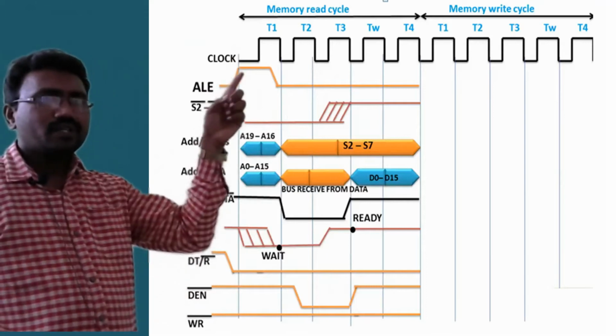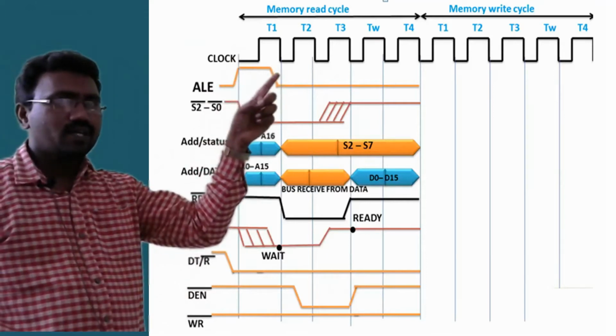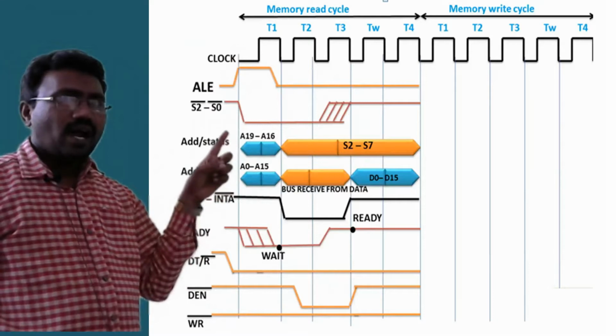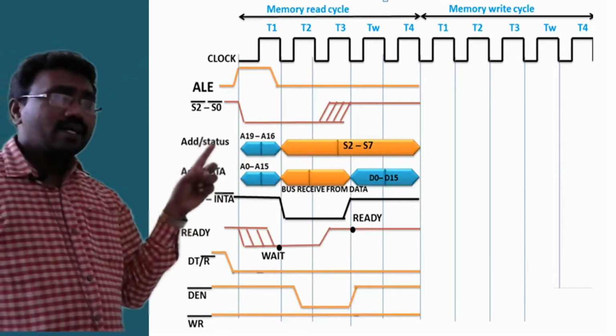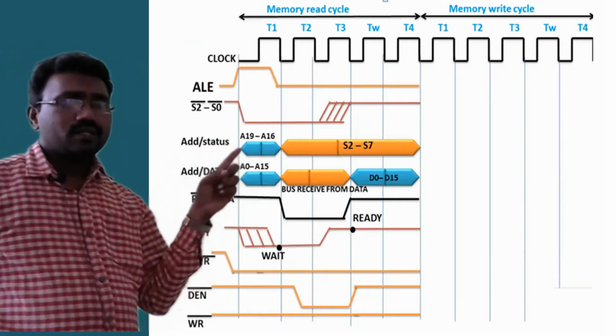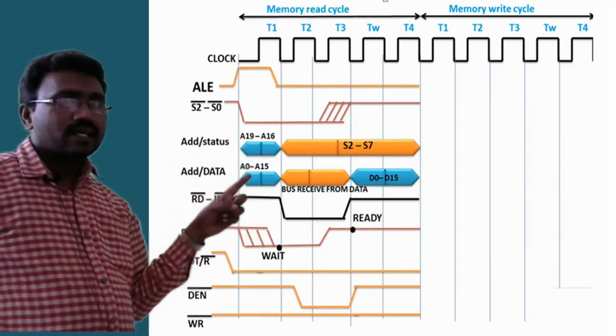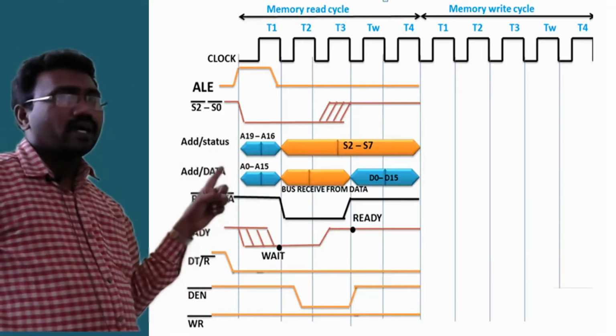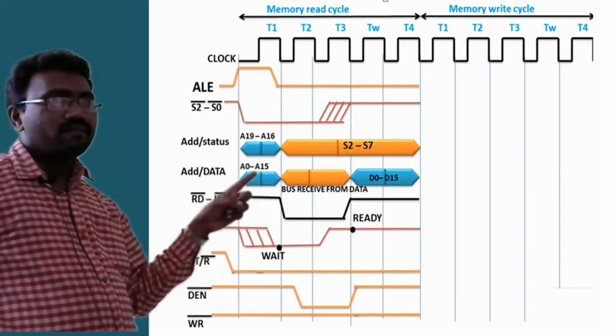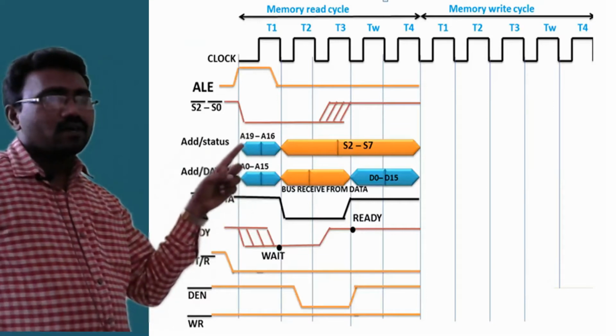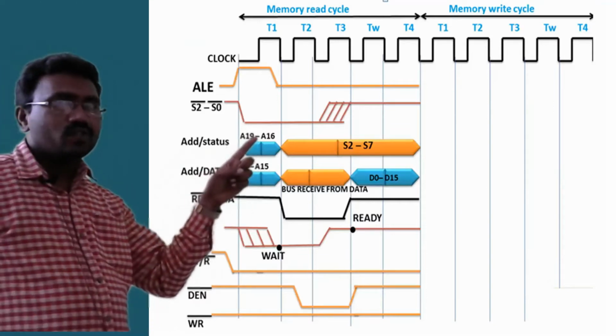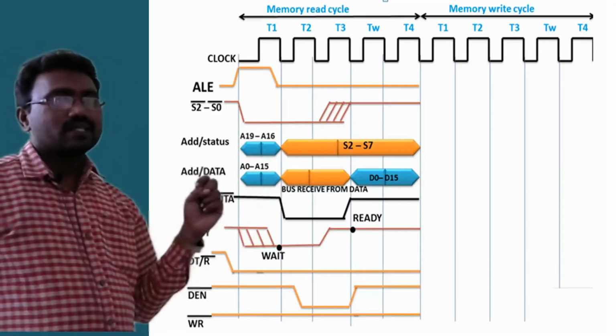How many address lines does 8086 have? 20 address lines. Out of 20, 16 address lines are multiplexed with data lines, AD0 to AD15. The remaining upper bits A16 to A19 are multiplexed with status lines.